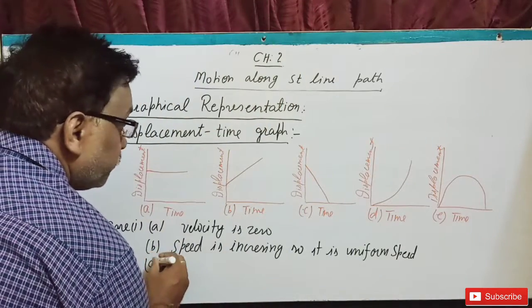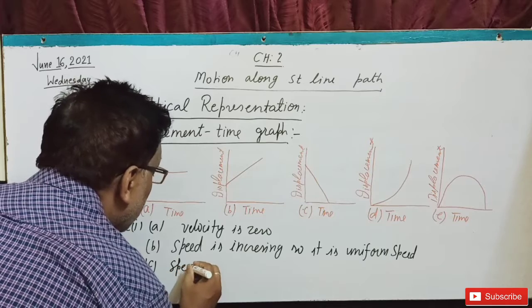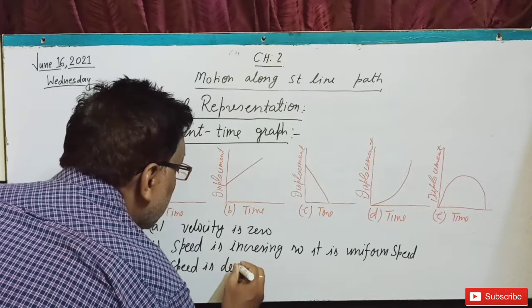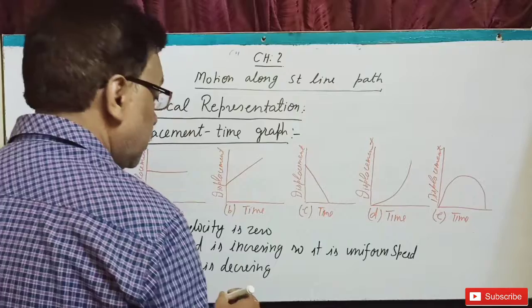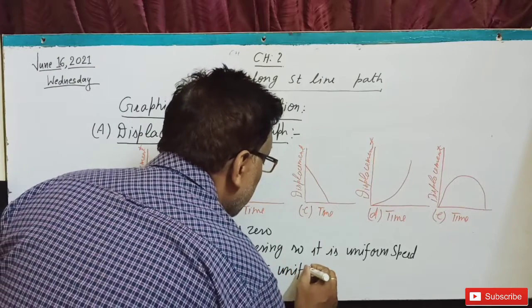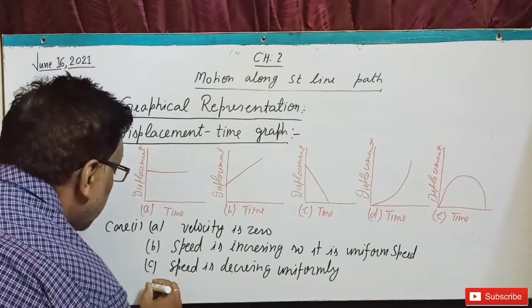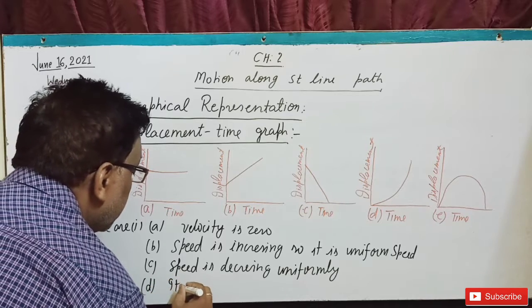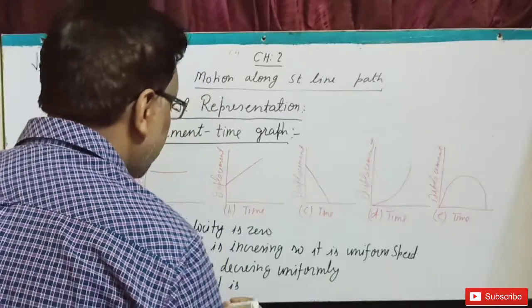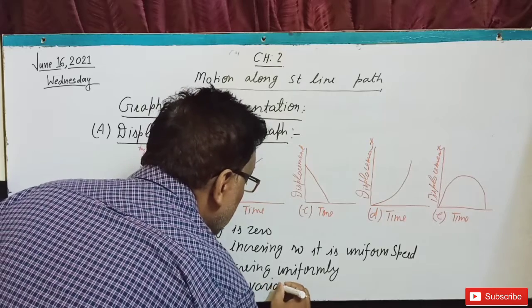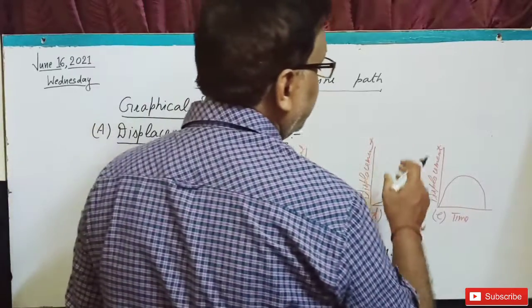See, its speed is decreasing uniformly. D, its speed is variable, because sometimes it is increasing and sometimes it is changing throughout.